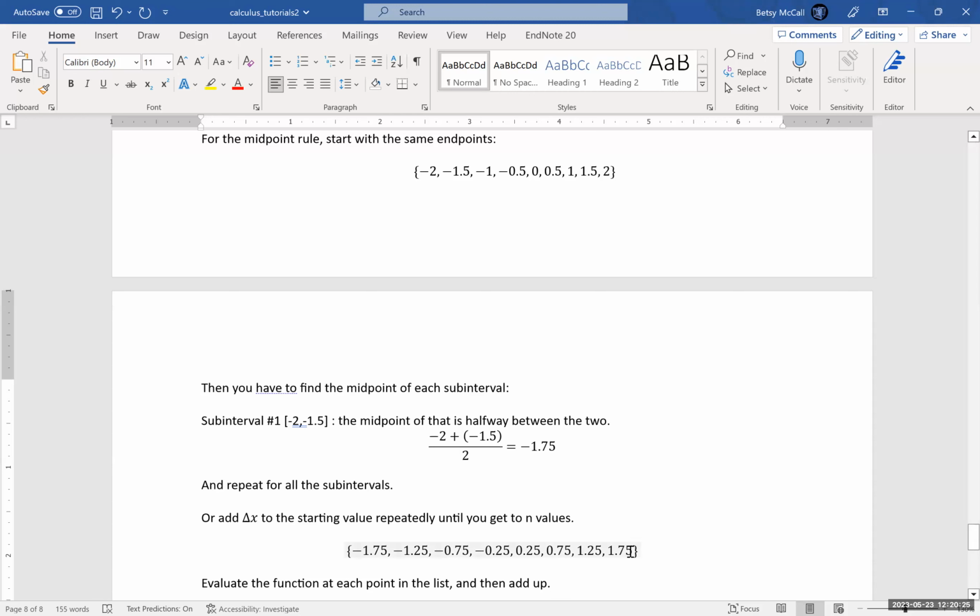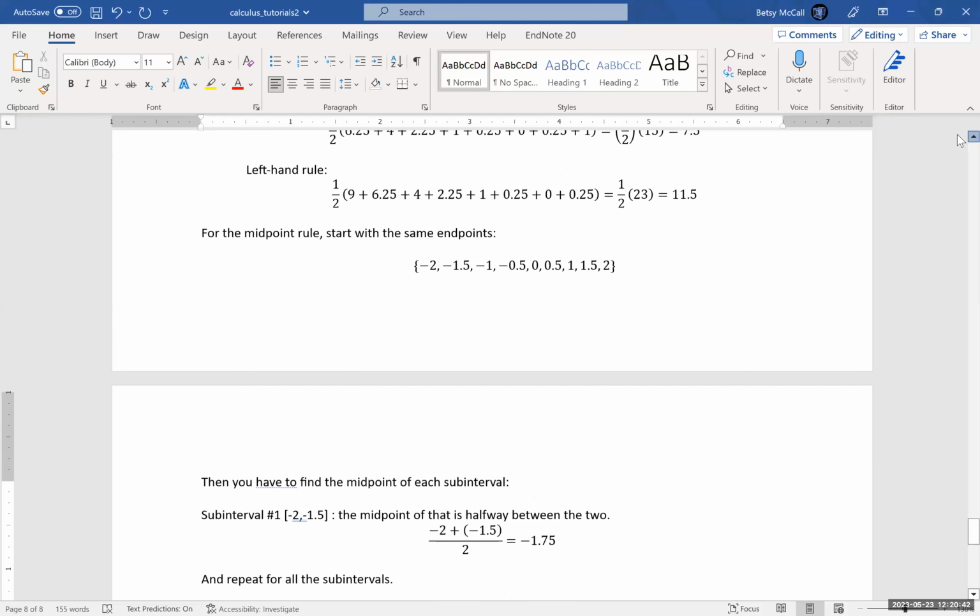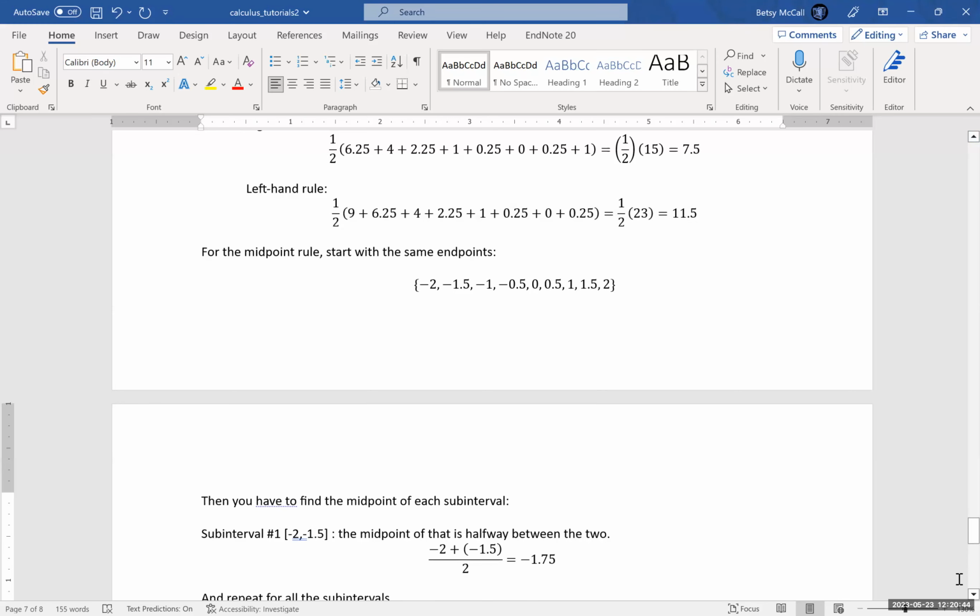This will be a more accurate estimate because we're using the midpoint. It's an overestimate, underestimate in each rectangle combination. And so you will get a little bit closer to the true value. But the value you get should be in between 7.5 and 11.5.